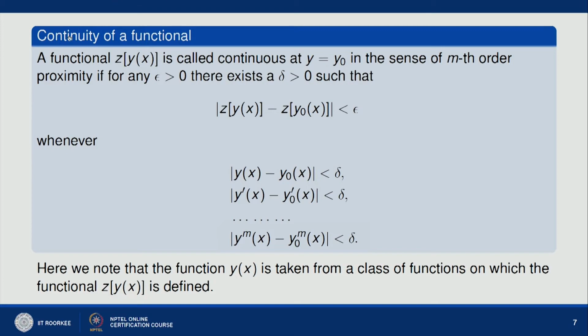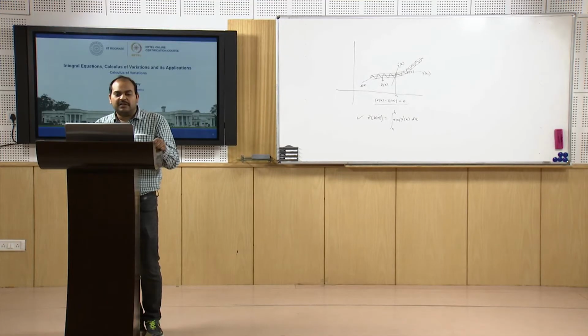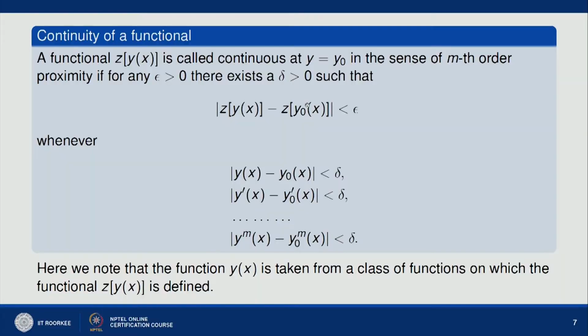So that is the continuity of a functional in the sense of mth order proximity, and here we have assumed that this y(x) is taken from a class on which this functional is defined. That is the only condition on this y(x).